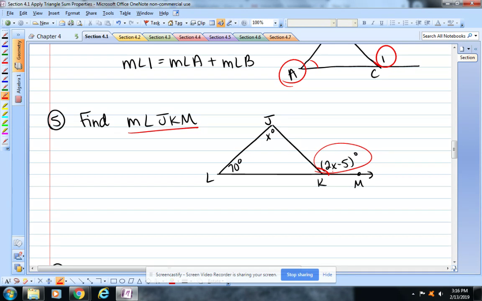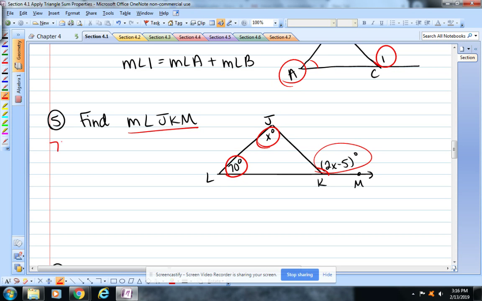And the way I can do that is by setting up an equation that says this angle plus this angle equals the exterior angle, 2x minus 5. So angle L and angle J are non-adjacent to the exterior angle, so I can add those together and set that equal to the exterior angle.